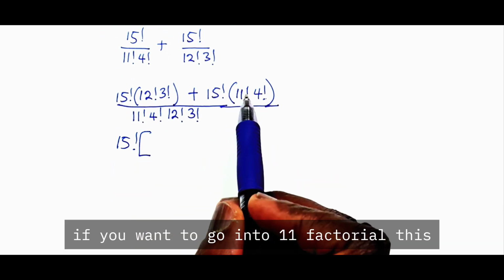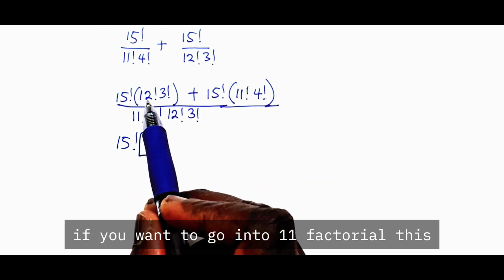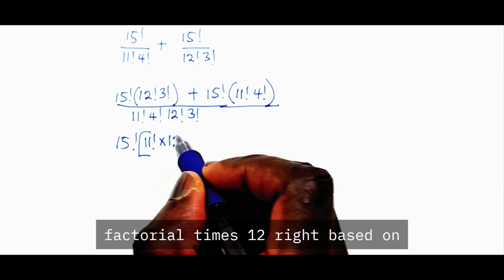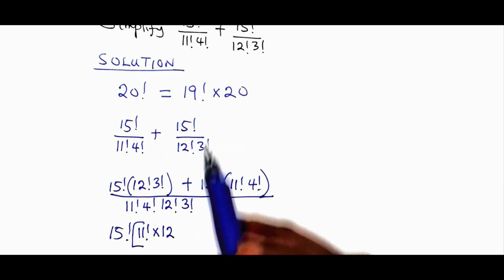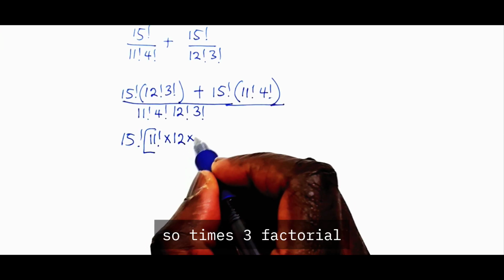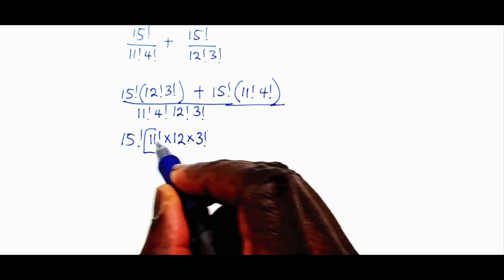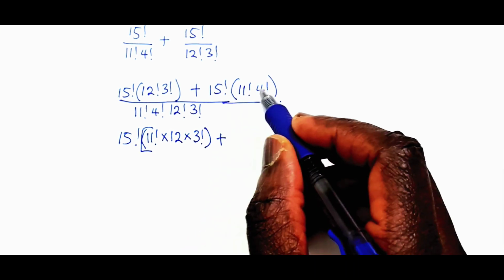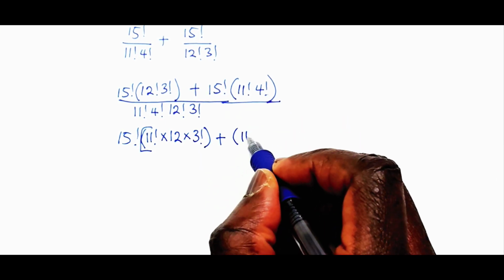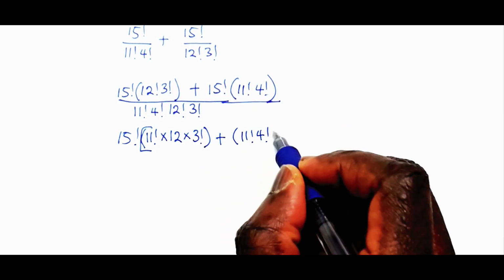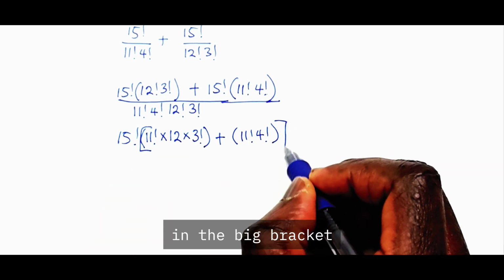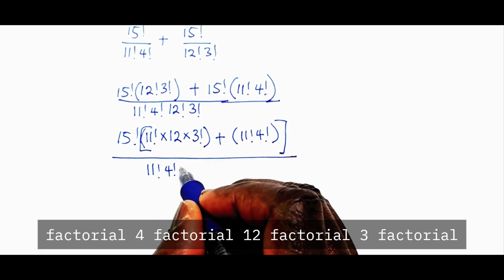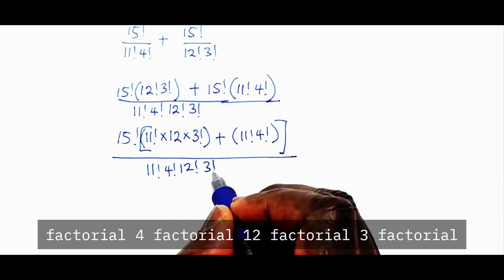So if you want to go into 11 factorial, this is the same thing as saying 11 factorial times 12, right? Based on what I have here. So times 3 factorial. I'll put this in bracket, plus this one we give 11 factorial 4 factorial in the big bracket, all over 11 factorial 4 factorial 12 factorial 3 factorial.